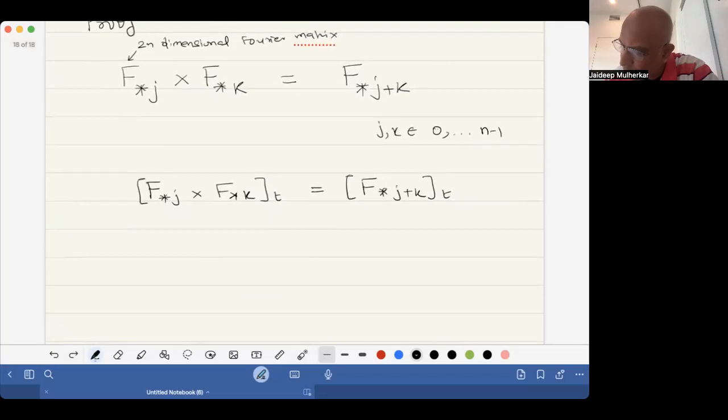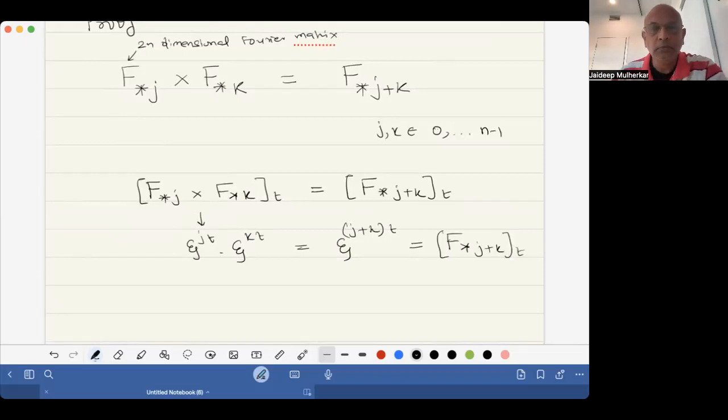But that's quite straightforward since this is eta to the jt times eta to the kt, which is equal to eta to the j plus k times t, which is equal to f star of j plus k.